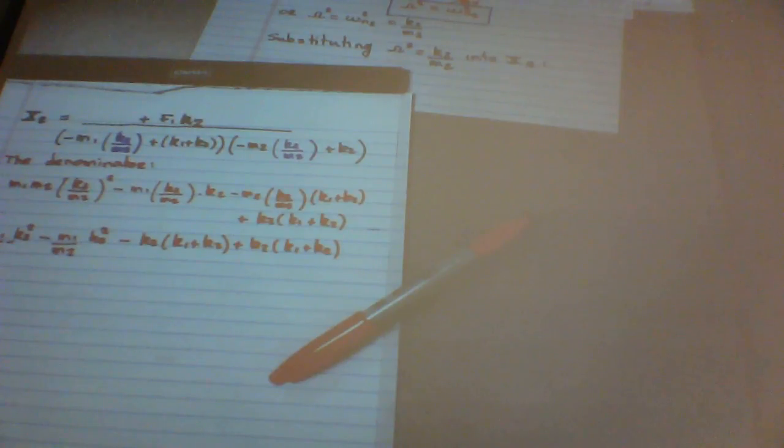Yeah, so you're right. So that means that it's going into resonance, because if you divide something by 0, what does that mean? Infinity. It goes to infinity. So this cancels this one.